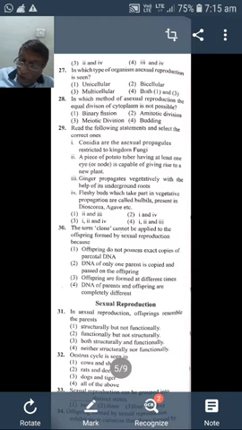DNA of only one parent is copied and passed on to the offspring. Offspring are formed at different times. DNA of parents and offsprings are completely different.